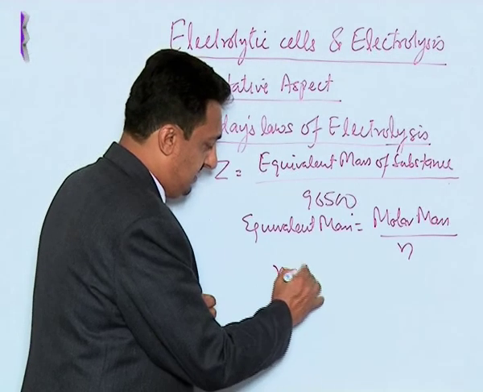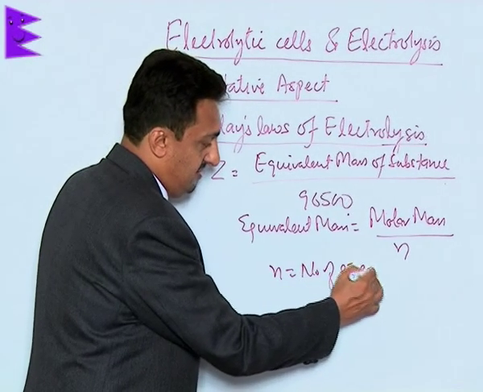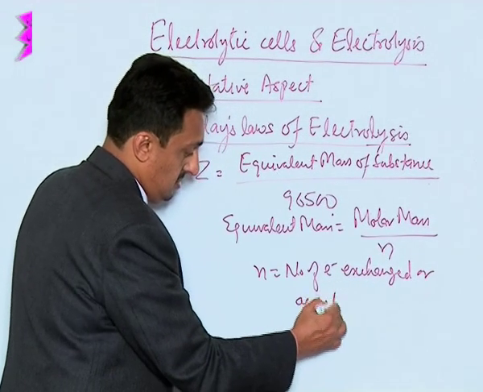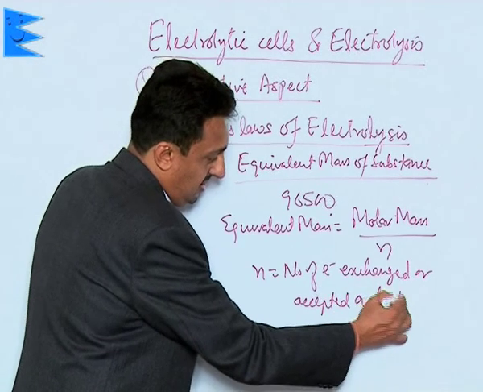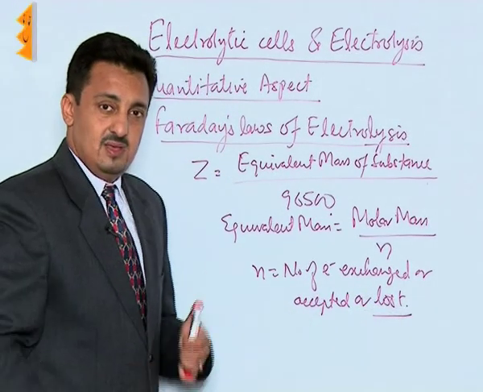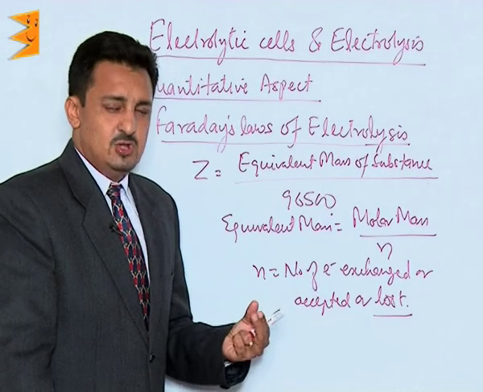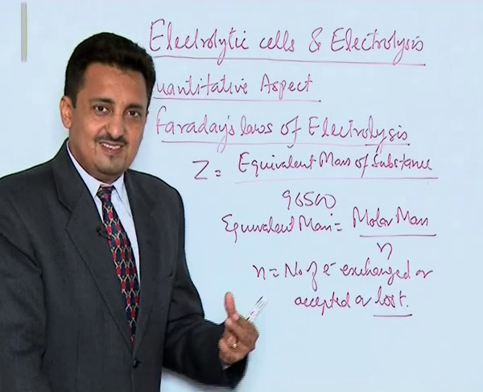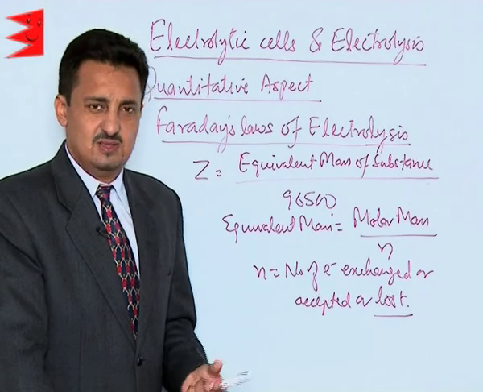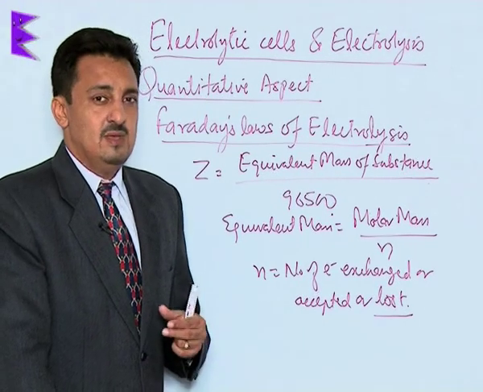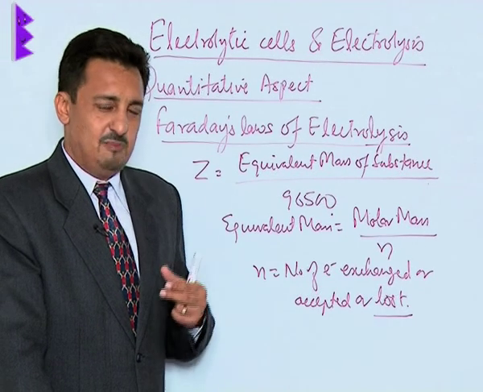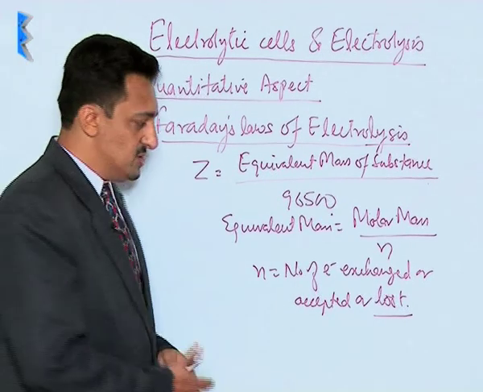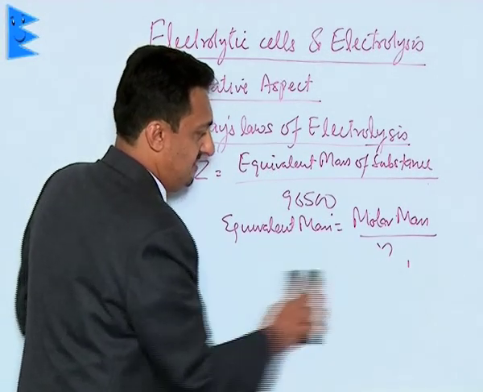The n factor is the number of electrons exchanged, accepted or lost by a species during a reaction. For acids, it is the basicity, the number of replaceable H plus ions. For bases, it is the acidity, the number of replaceable OH minus ions, and this is how we can find out the n.